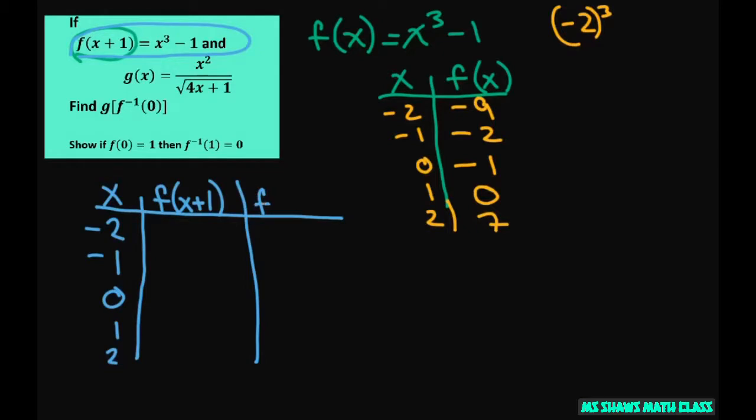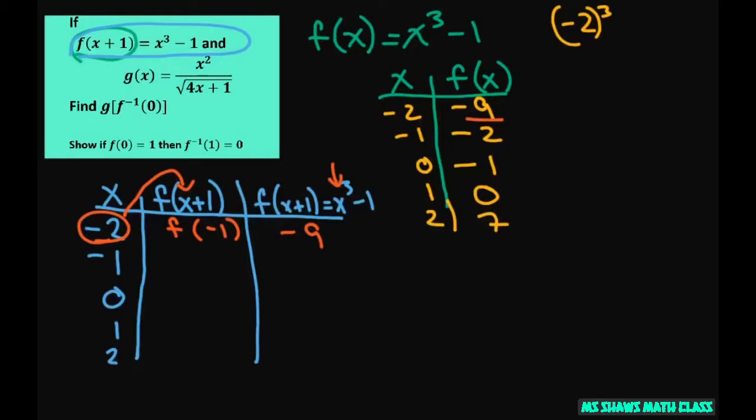So this is basically your f of x plus 1 equals x cubed minus 1. So when I plug in -2 here, I'm going to get f of -1. And that's still going to give you -9, because we're still plugging in -2 in these x's. Everywhere there's an x, you're plugging in -2.